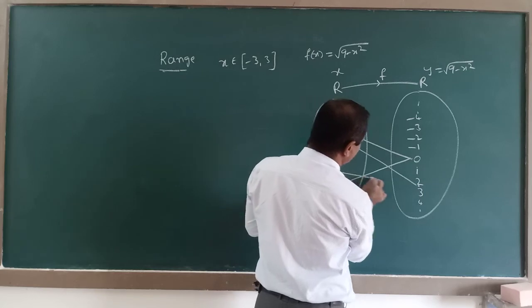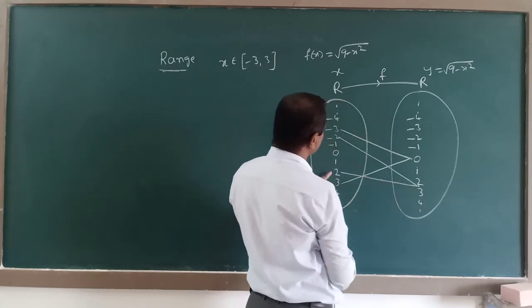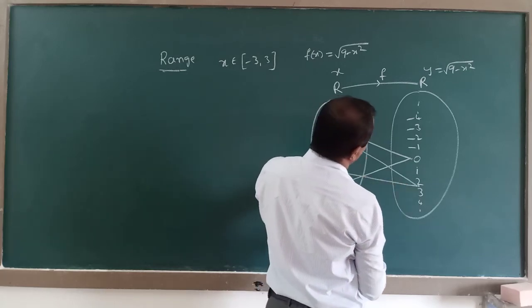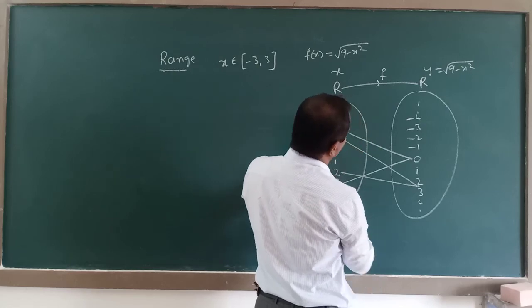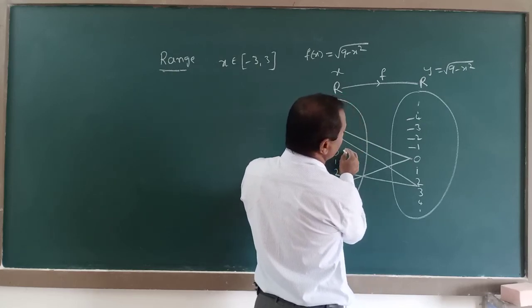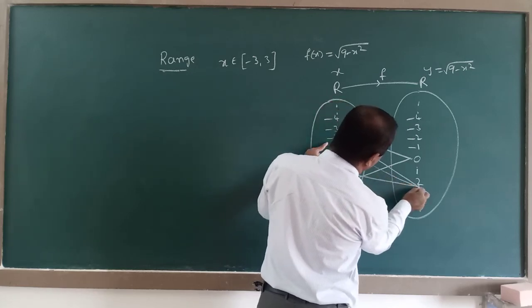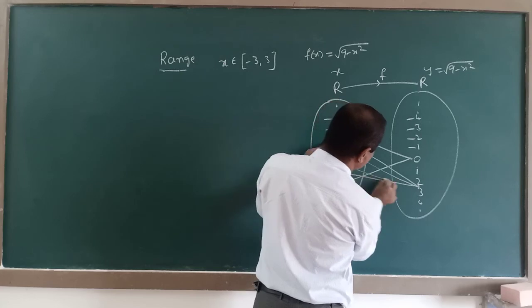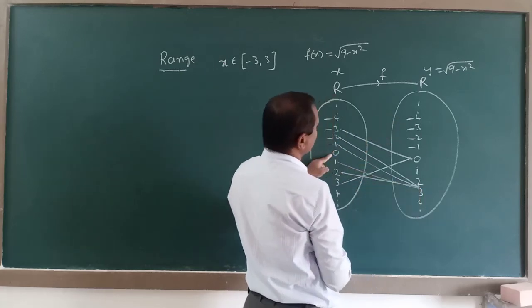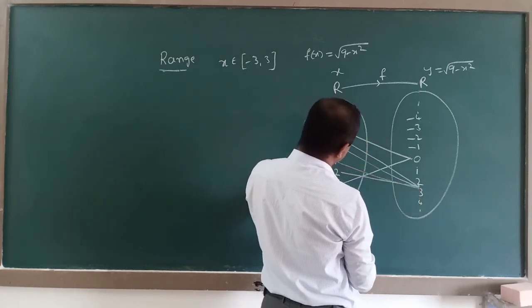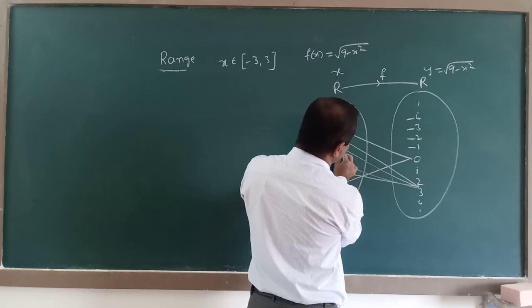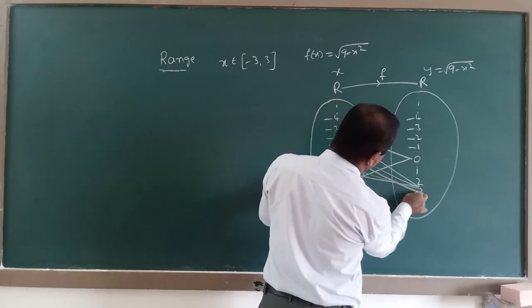For 2 also like that. For minus 1, 9 minus 1 is 8, square root 8 is 2 point something. For 0, square root 9 is 3.